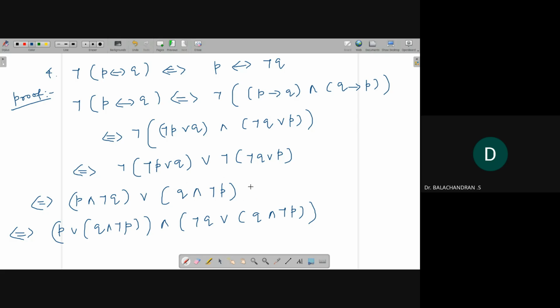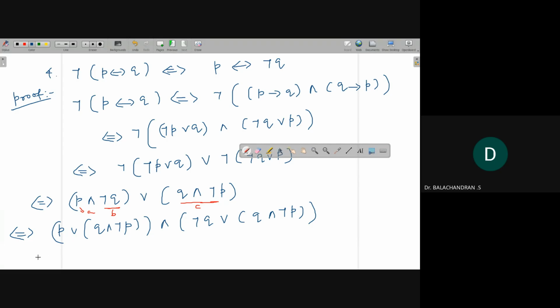This is entirely C. This is A, this is B, this is C. Now, again apply the distributive law.